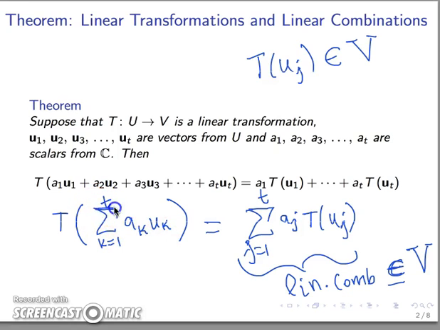The summation on the left hand side has index k. All that matters is that I could have written k's instead of j's. I just did that. I don't know why I did it that way, but do not be discouraged. You could use the same indices in this case. So this is a natural extension or generalization of the linearity of this transformation when acting on members of the domain.